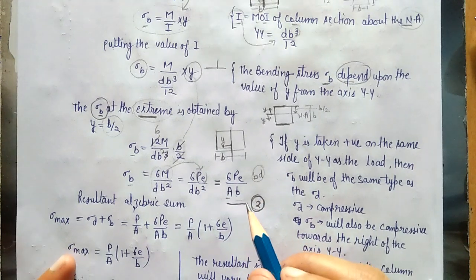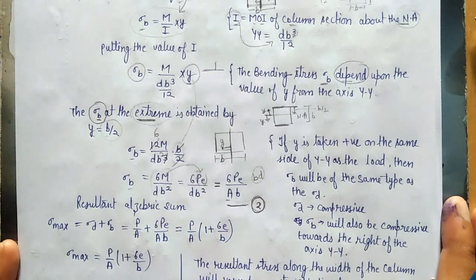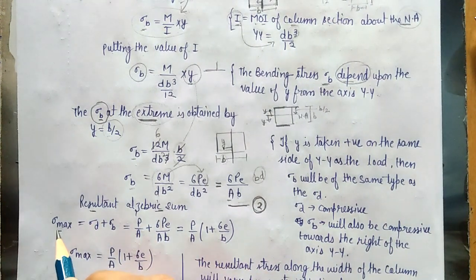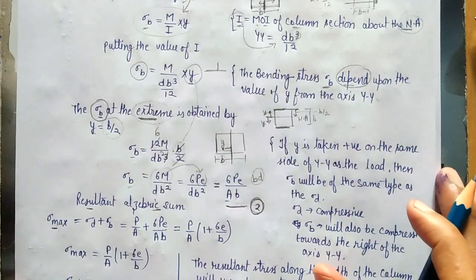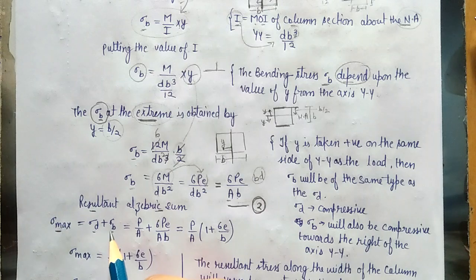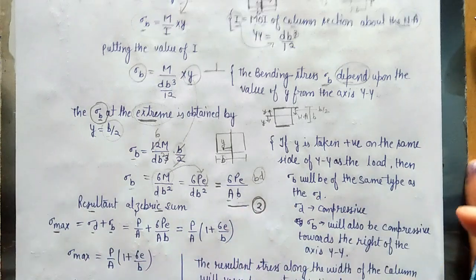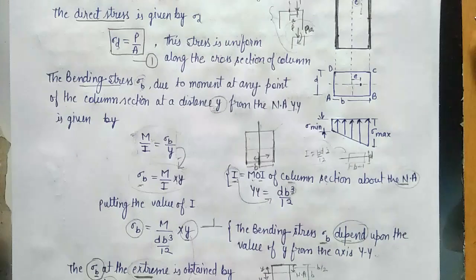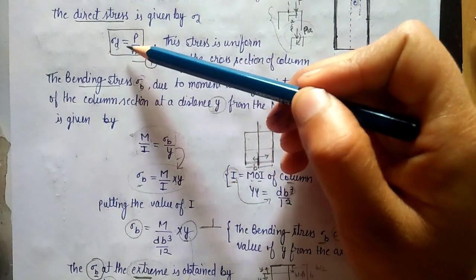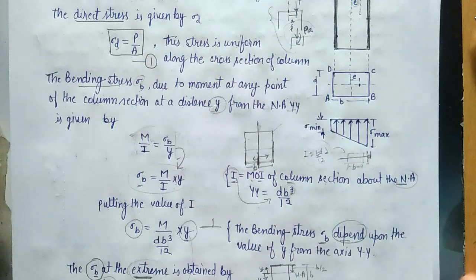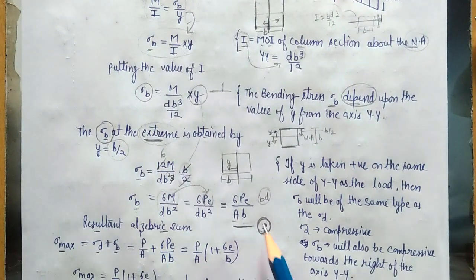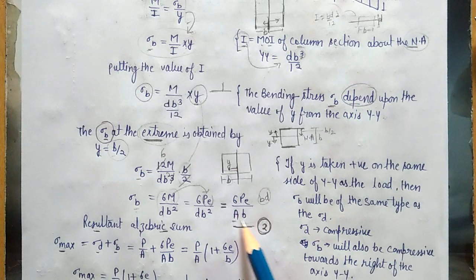So we know how to find the resultant. The resultant is an algebraic sum. For the maximum, there is addition of both the direct stress and the bending stress. The direct stress value is sigma d equals P upon A, and the bending stress is in equation number 2, 6 P e upon A b.